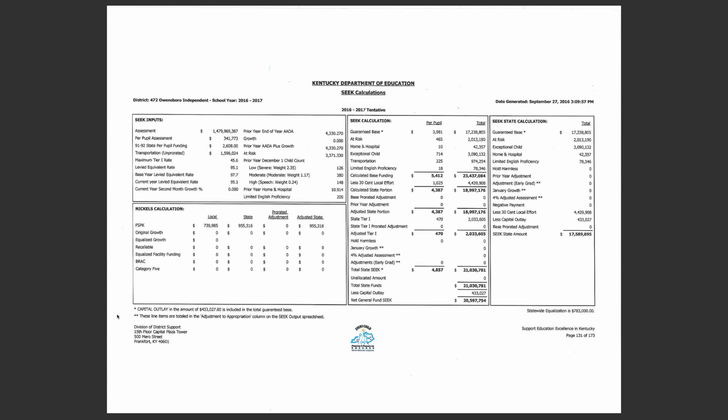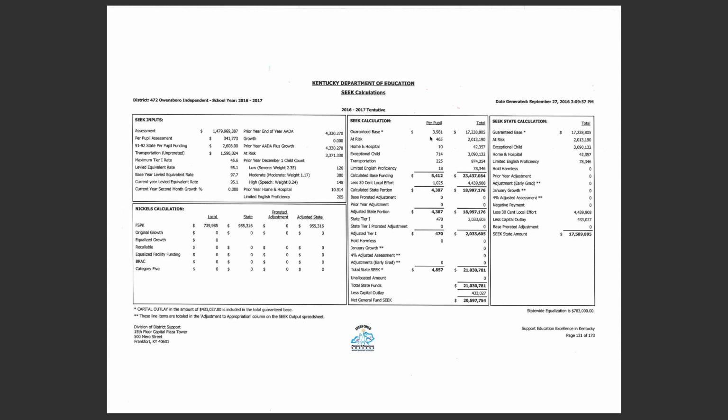So as we talked about last time, SEEK, or Support Excellence in Education in Kentucky, is essentially a calculation and an allocation that's given to districts that has several components. What we've talked about is the guaranteed base funding, which my cursor is pointing at, and that's $3,981 per pupil.